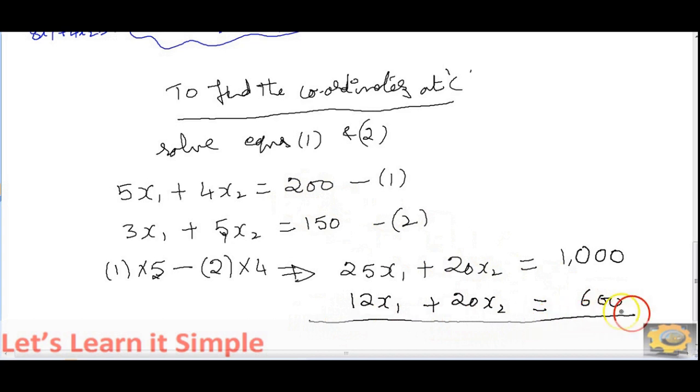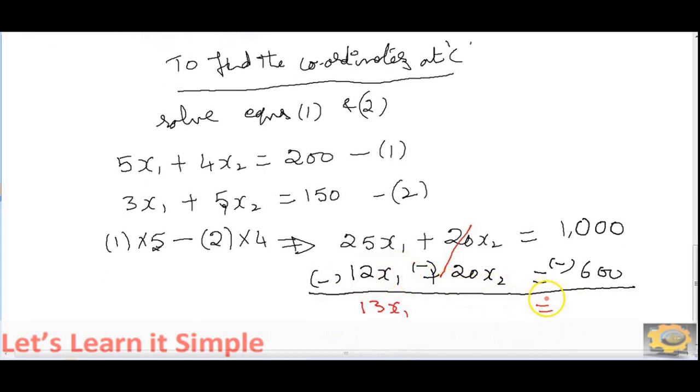Subtracting, the x2 terms cancel. So what I will get is 25 minus 12, 13x1 equals 400.